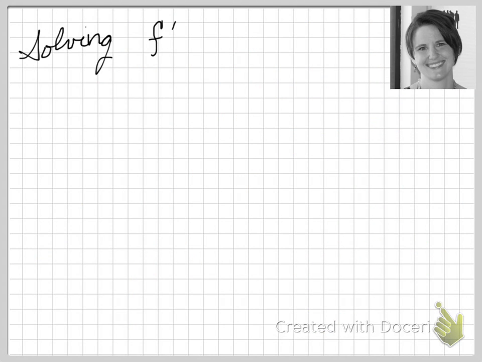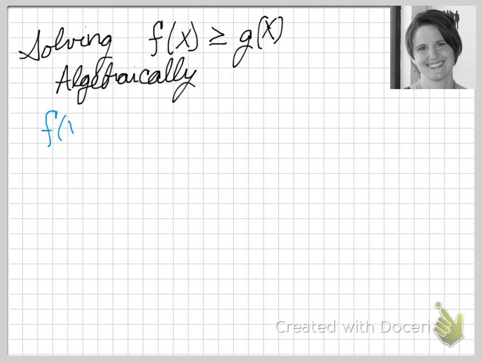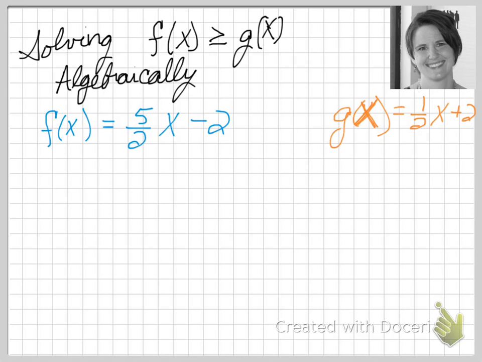but we could also do this algebraically. We know that f(x) equals 5/2 x minus 2 because we could find its slope, and we knew its y-intercept was (0, -2). And g(x) equals 1/2 x plus 2. Now we're just solving 5/2 x minus 2 greater than or equal to 1/2 x plus 2.